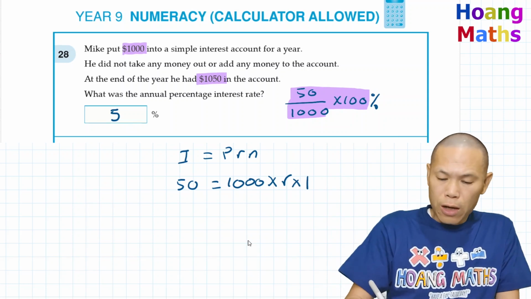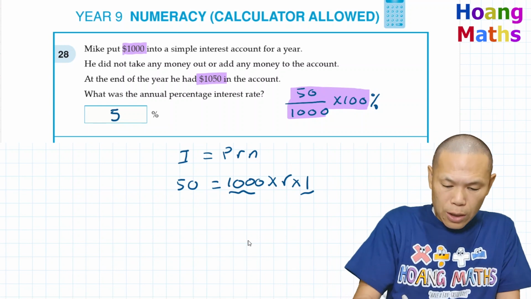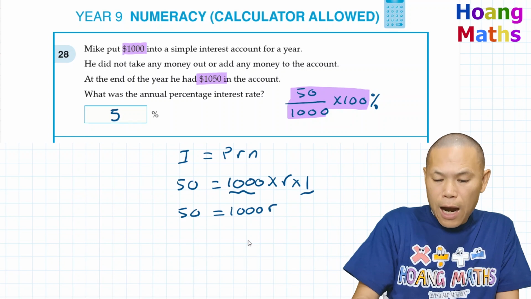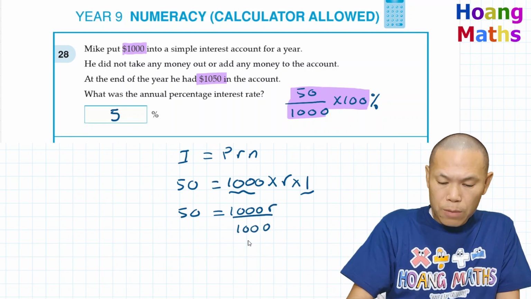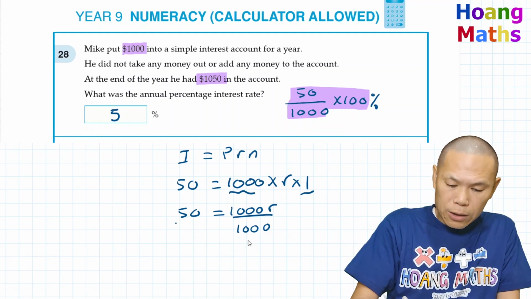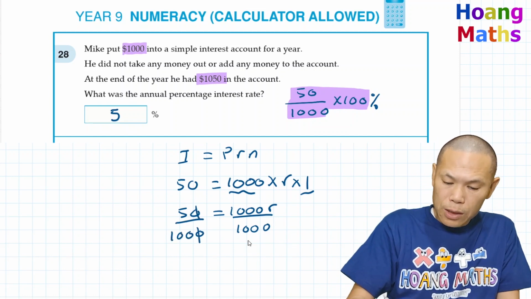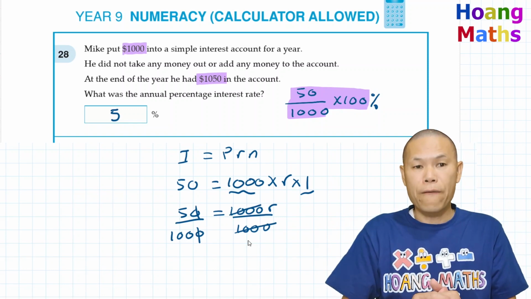So 1,000 times 1 is equal to 1,000. So that is 50 equals 1,000R. And then we divide by 1,000 on both sides because we want to solve for R. So that cancels, of course. So 5 over 100. That is 5%.